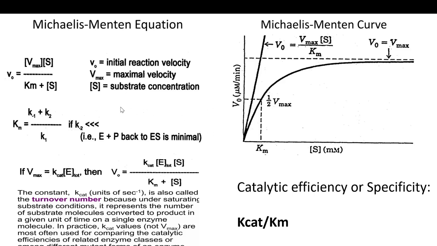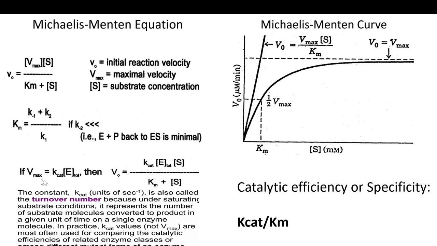This first step is a reversible reaction, so in the backward direction the rate is K minus 1. K2 is the conversion of the enzyme substrate complex into product, whereas K1 is the forward rate constant for the enzyme plus substrate forming the enzyme substrate complex.